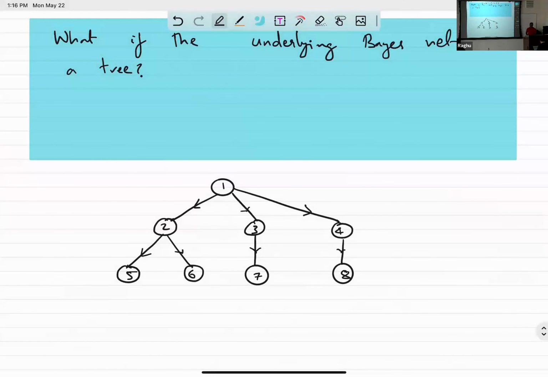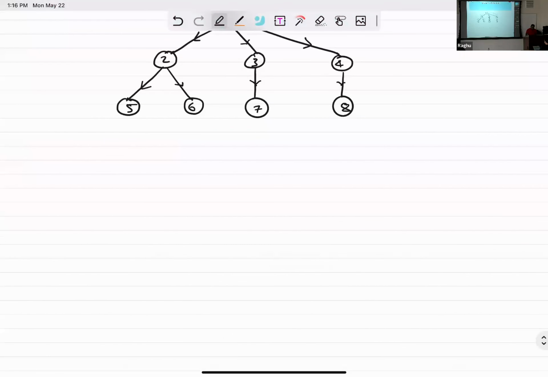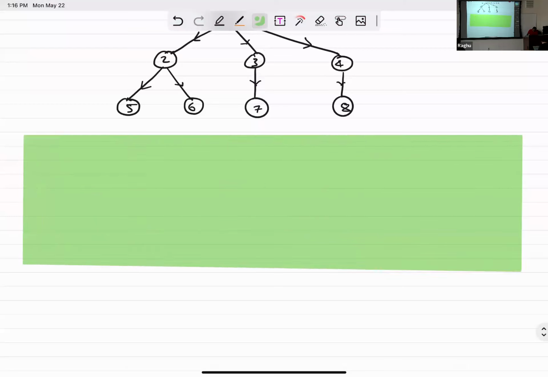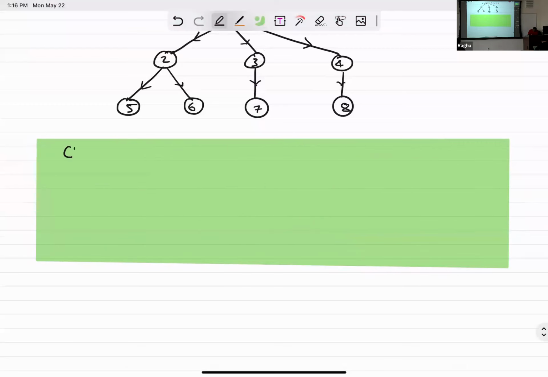Okay, so the classical question in this area, and I think it's a very nice question, is the following. This is called the Chow-Liu algorithm from 1968.